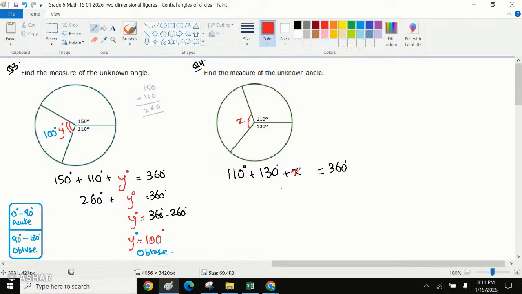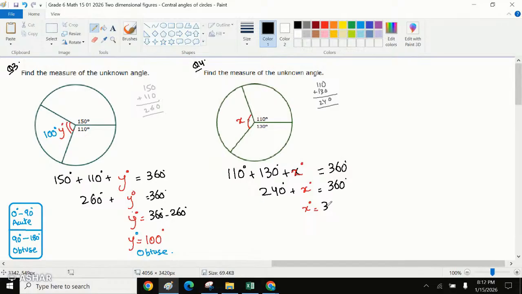And the missing angle we suppose as the variable x. So what is 110 plus 130? 0, 4, 2, right? So we can say 240 plus x should be 360, and x comes out to be, 240 was added on this side.